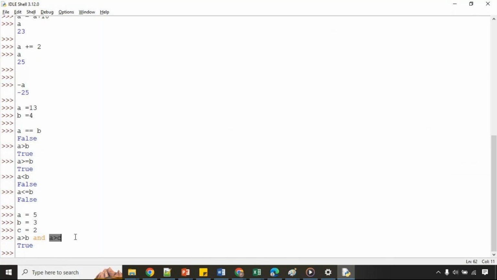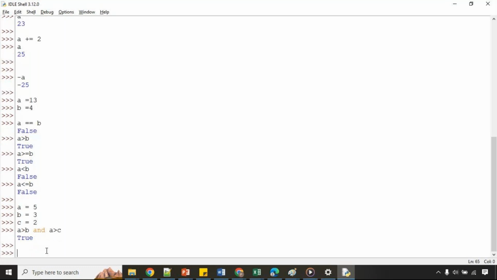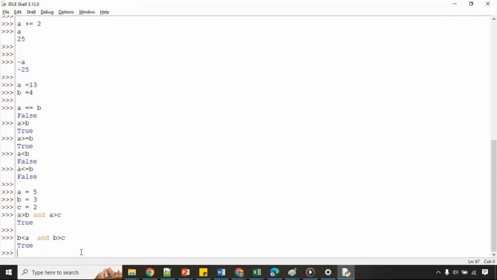AND means both are true, then only true. Now suppose B less than A and B greater than C. This one is false, this one is true. I said AND means both are true, then only true. B less than A is correct, and both are true, then only true.